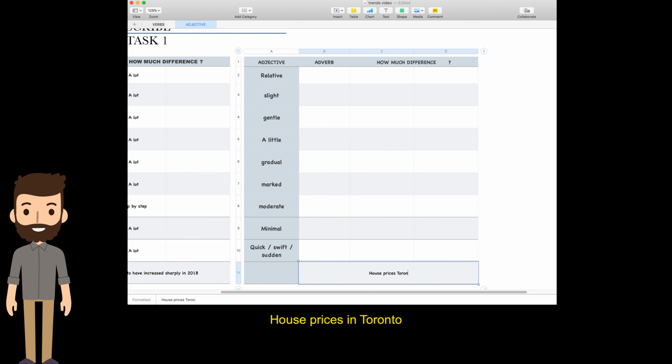House prices in Toronto have increased relatively slower than in Vancouver, which is another city in Canada.